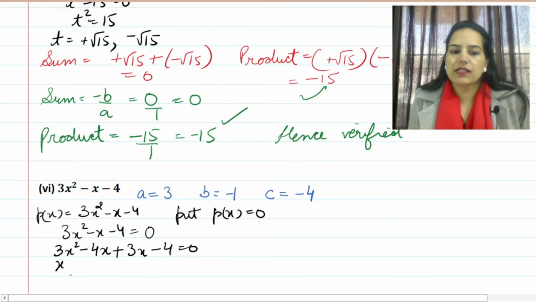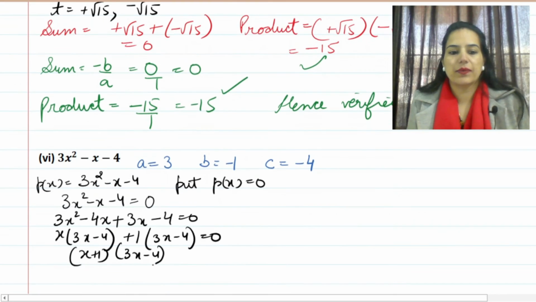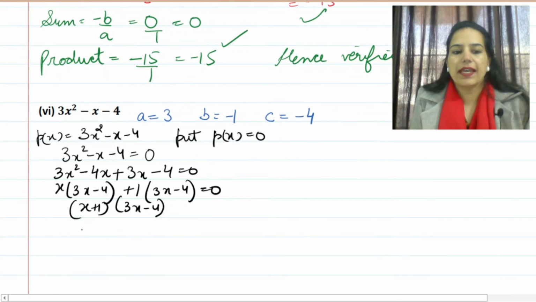So if I take x only common, x(3x minus 4), and here I'll take only 1 common, 1(3x minus 4) equal to 0. So it is (x plus 1) and (3x minus 4). So what are the values that I will get here? It will be x is equal to minus 1 and x is equal to 4 by 3.